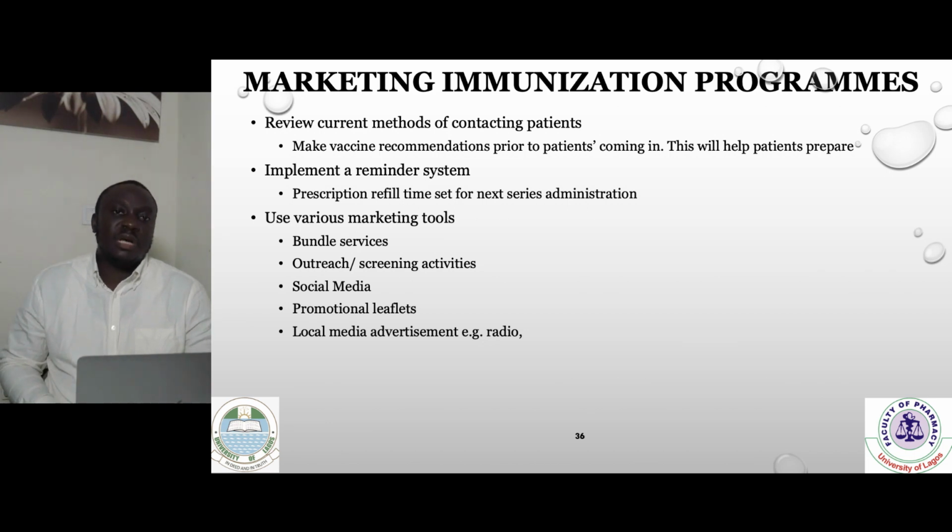Include information about your vaccine service. Include the benefits of those vaccines and how they work together to improve patients' quality of life. Now, for your patients who have taken their first dose, ensure you implement a reminder system. If you do not implement a reminder system, you will miss the opportunity to remind them and to improve adherence.